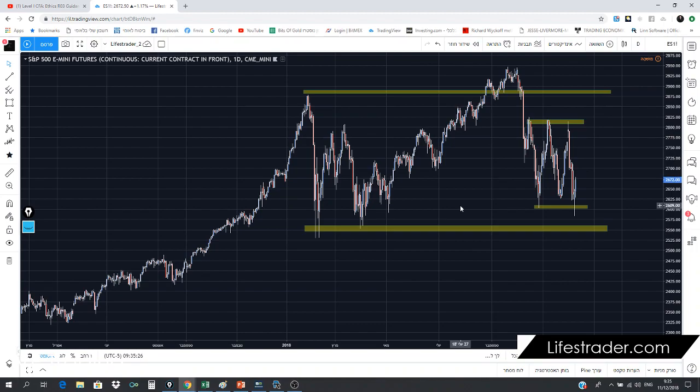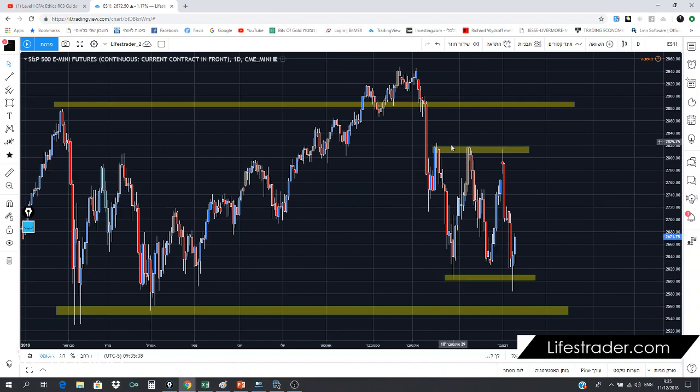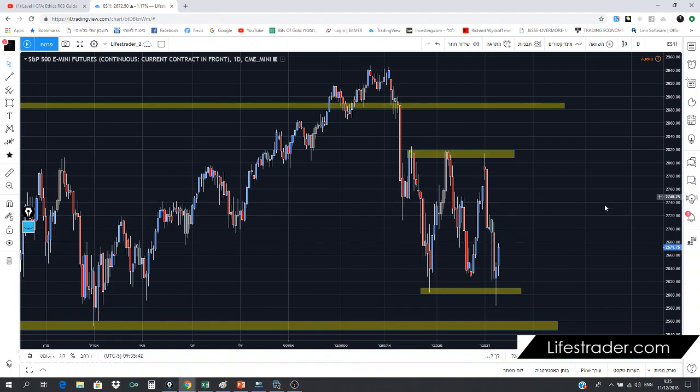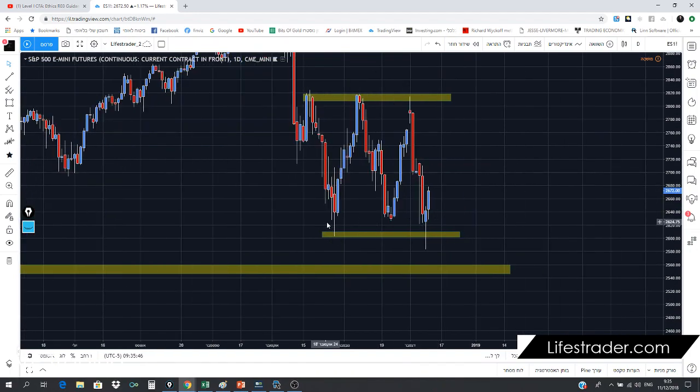Yesterday recap: I drew those levels, the support, the resistance, the major support, the major resistance, the minor support, the minor resistance. We showed those important levels, and yesterday we saw that the market rejected from that area.